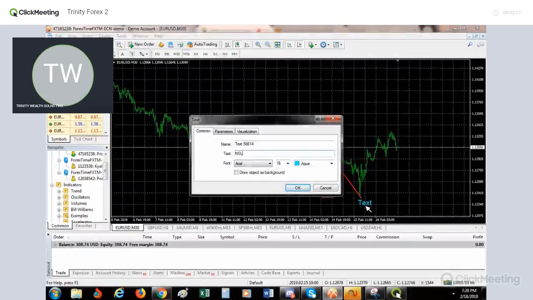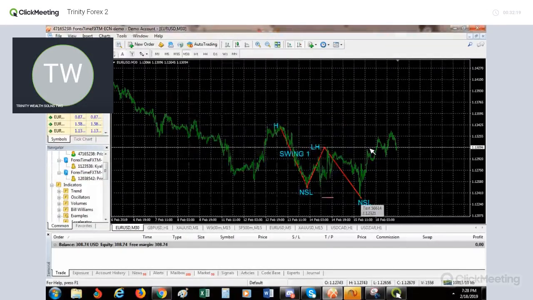Then here we have a new structure low. Then we expect it to retrace, and it should retrace somewhere lower than the previous high. This was our previous high, which was lower than the one before.